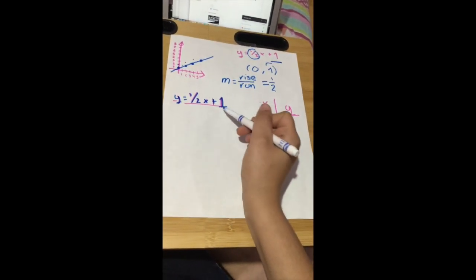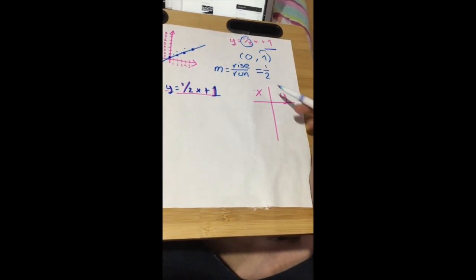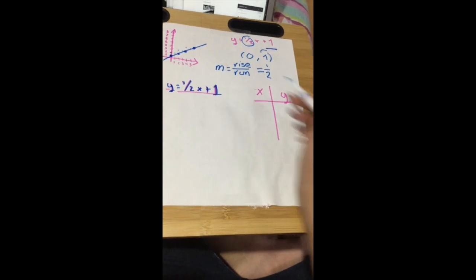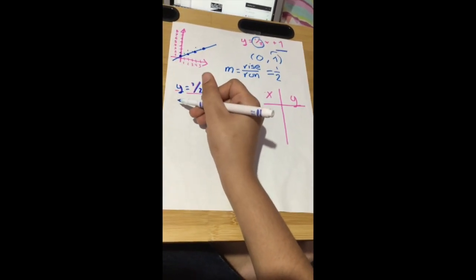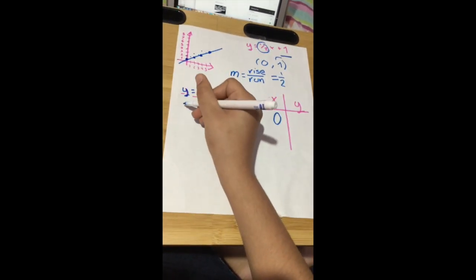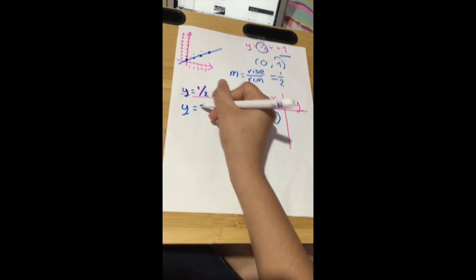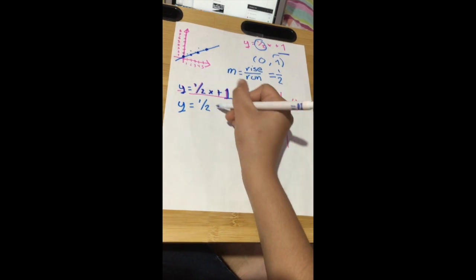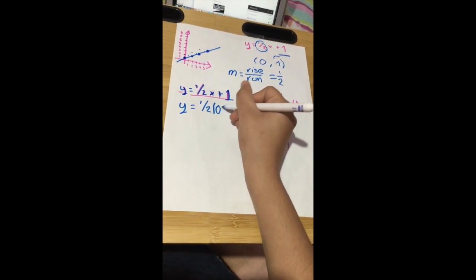After making the graph, a way to make sure you're correct is to make this table x and y. So you basically put a random number on the x, and then substitute it in the x of the equation, like so.